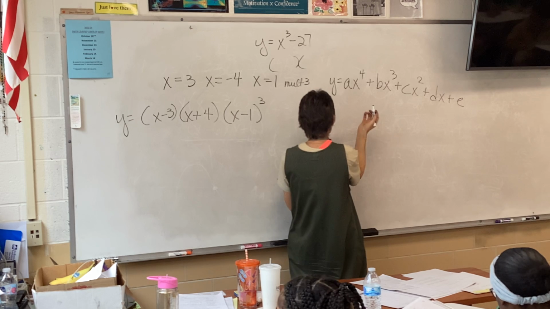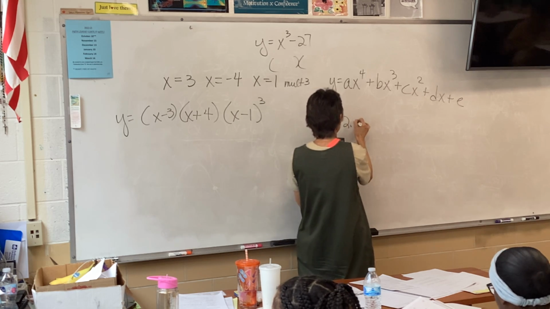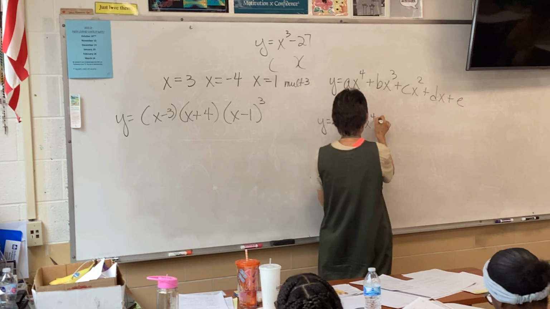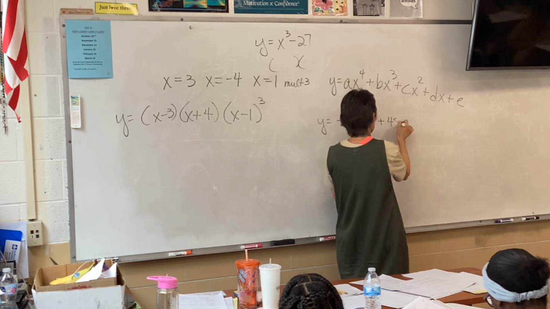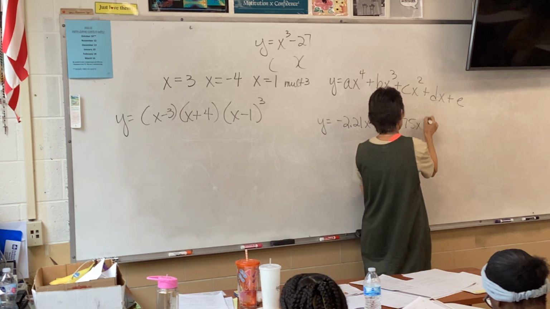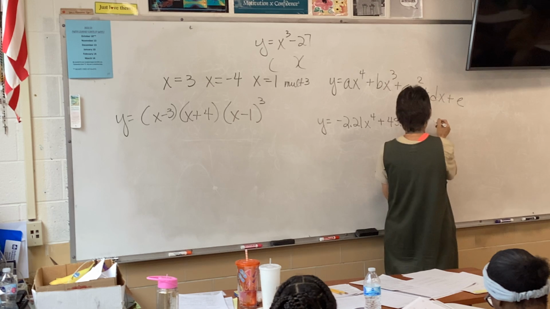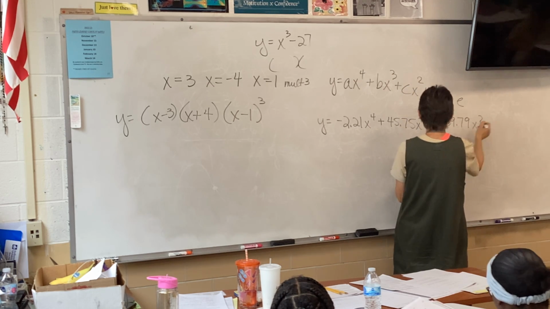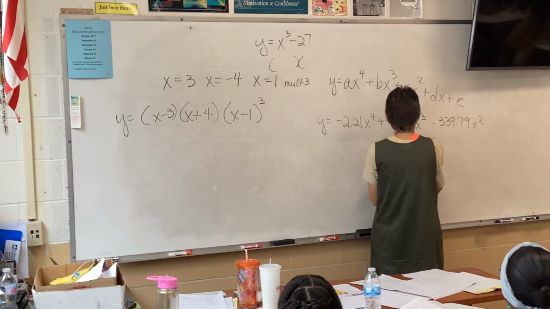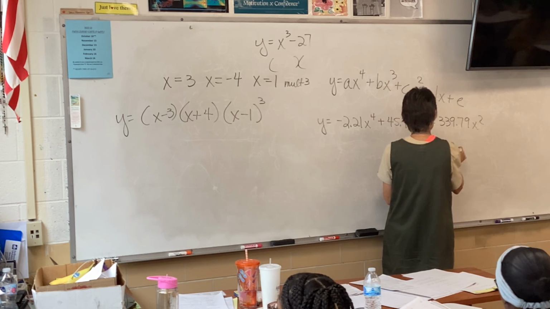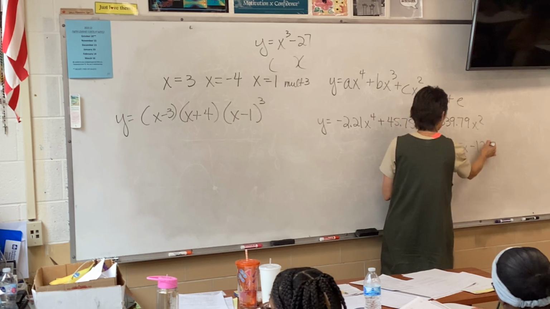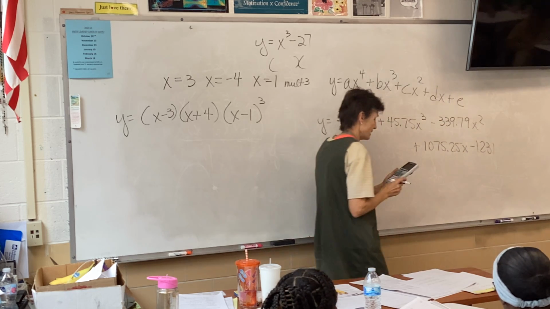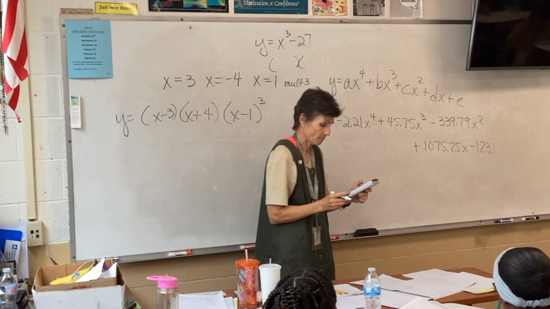So it's, I'm going to do some rounding here, -2.21 x to the 4th plus 45.75 x cubed minus 339.79 x squared plus 1075.25 x minus 1231. Did anybody match that, or did I type it in really wrong?